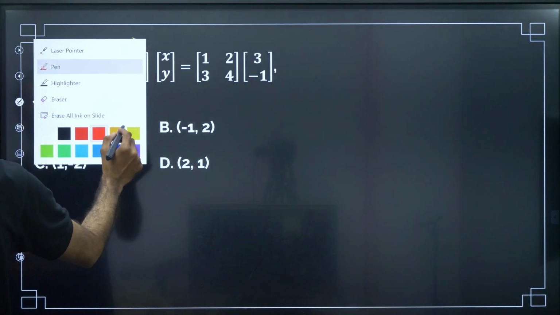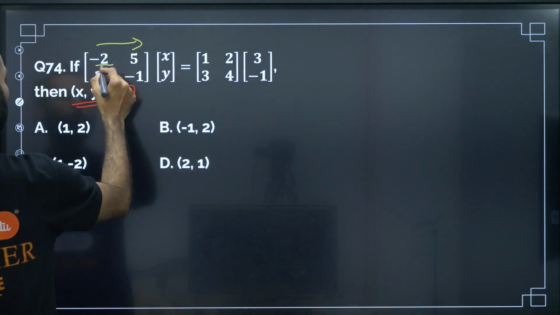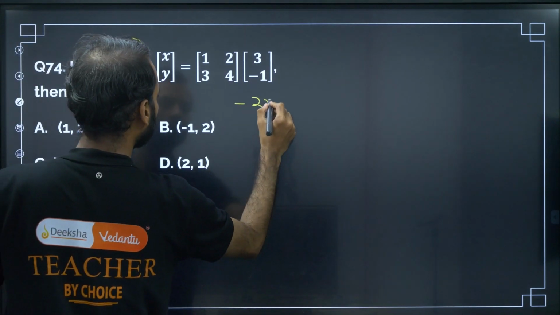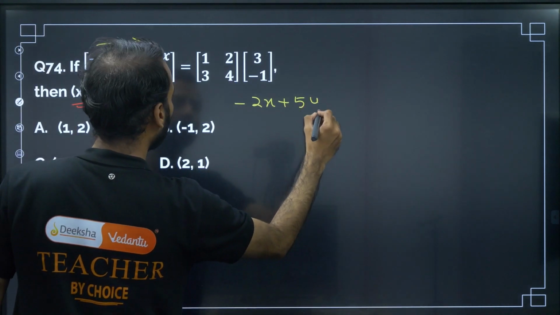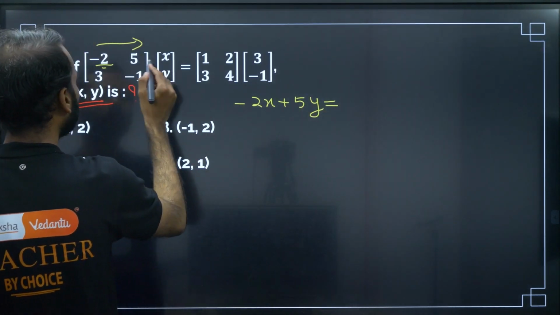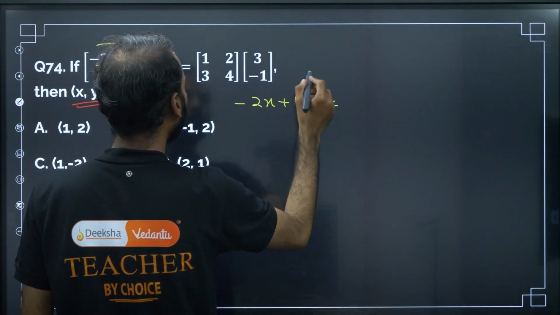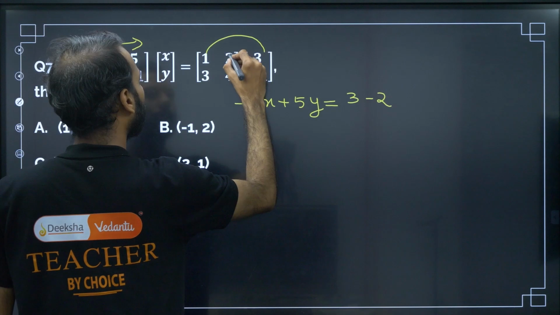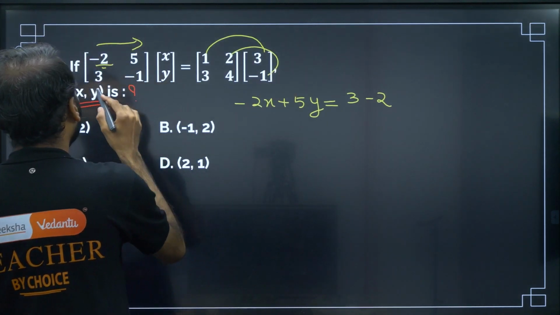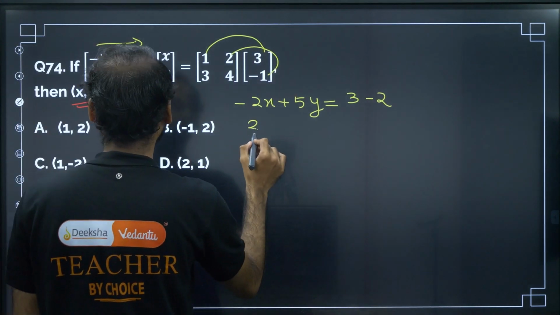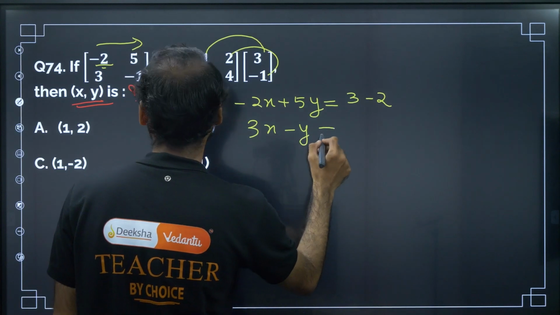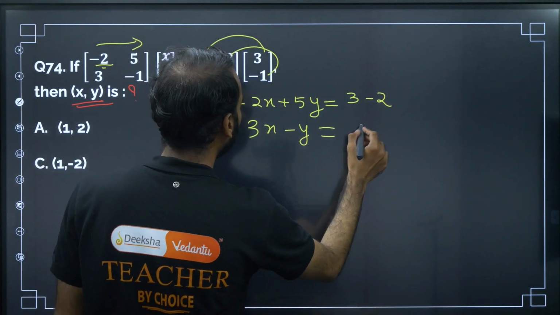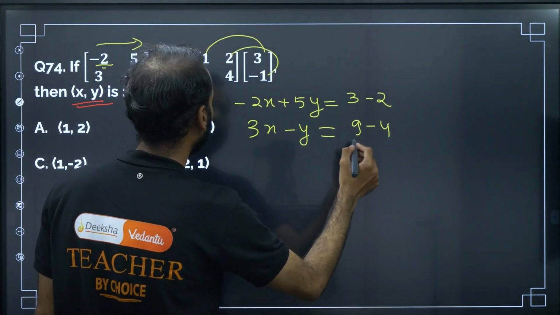After doing matrix multiplication, we get the first row and second row, which gives 3x minus y is equal to 9 minus 4.